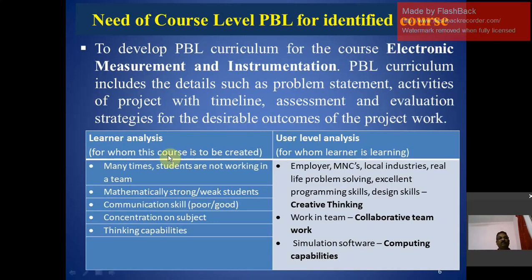Now we'll see learner analysis and user level analysis. Learner analysis means for whom this course is to be created. So this is created for students. In conventional learning, the student may not work in teams. Some students have a strong mathematical background, some are mathematically weak.